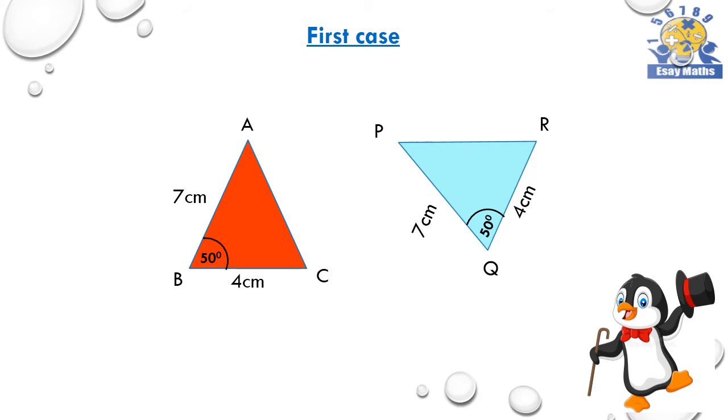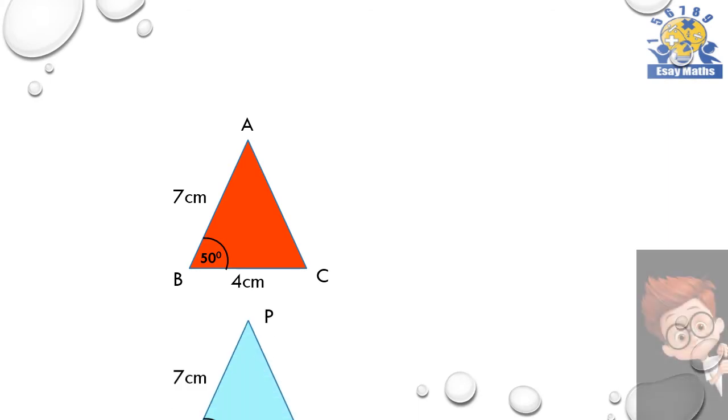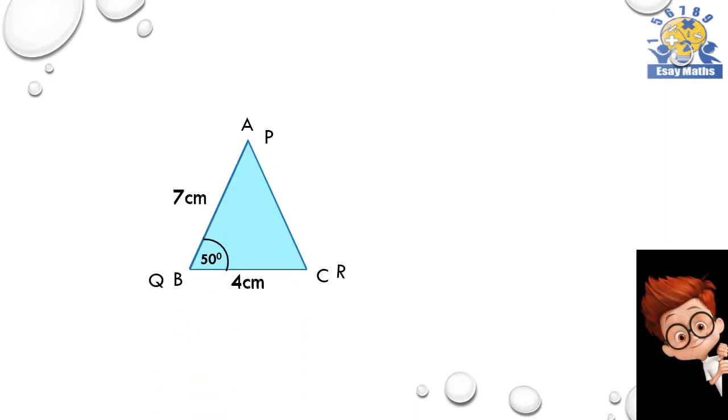In the second triangle PQR, one side is 7 centimeters and another side is 4 centimeters. And here the included angle is the same in magnitude. It's 50 degrees. Now I am going to check whether the second triangle coincides with the first triangle. Yes, these two triangles are congruent.